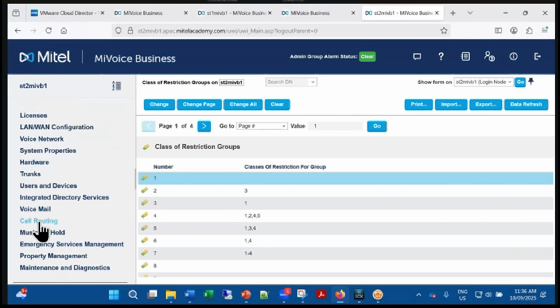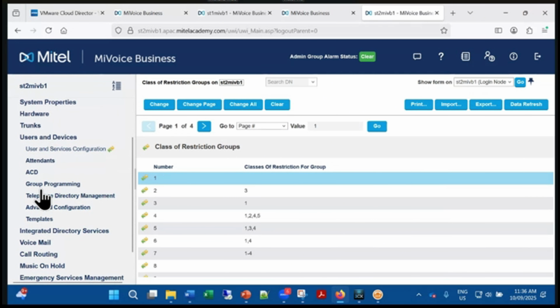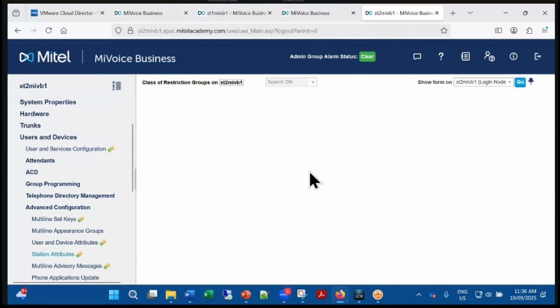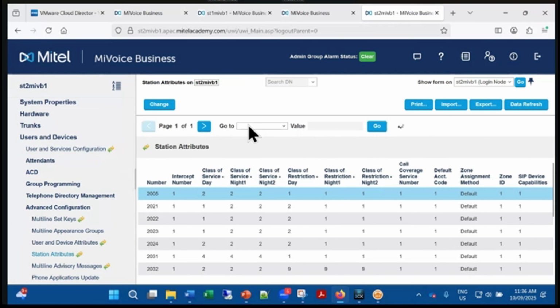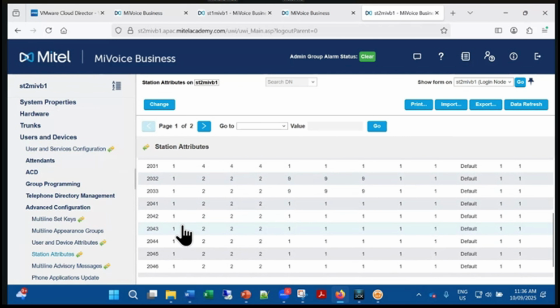I go to users and devices, advanced configuration, station attributes. I want extension 2041, this one.